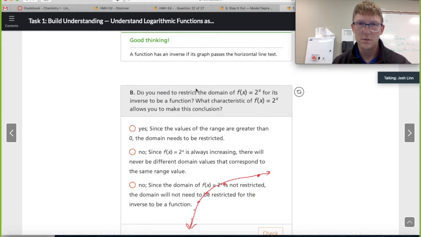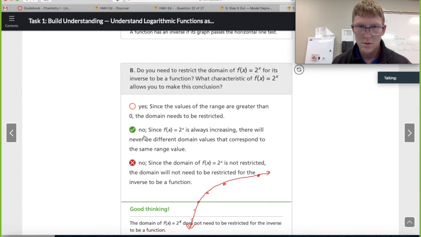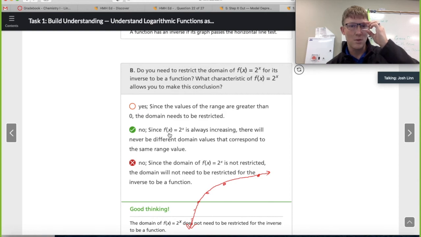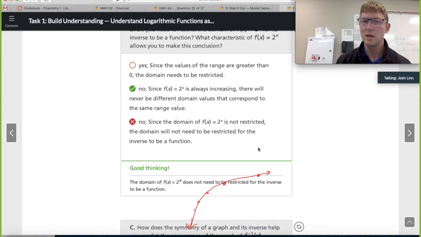The domain and what characteristics of f of x allows you to make this conclusion. So let's hear no. Is that the right one? I didn't think so. So no, since f of x equals 2x is always increasing, there will never be different domain values that correspond to the same range values.